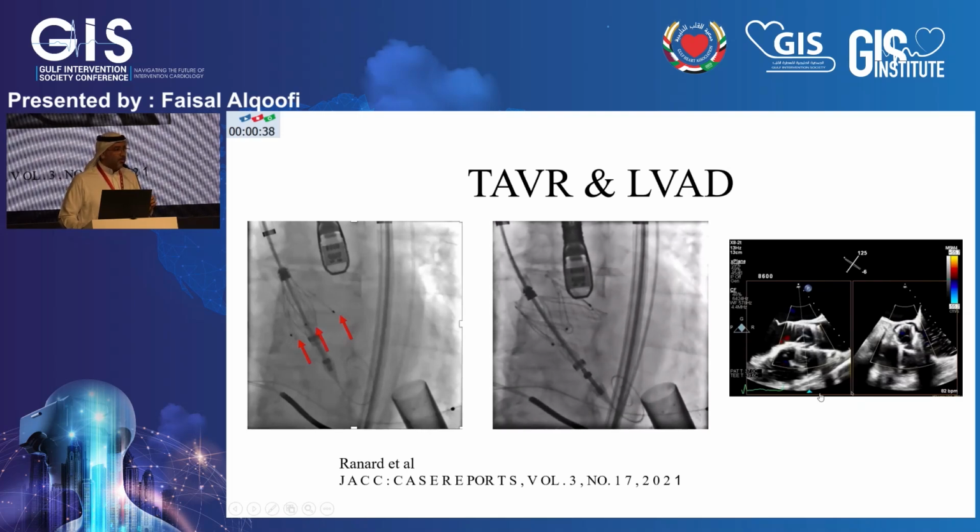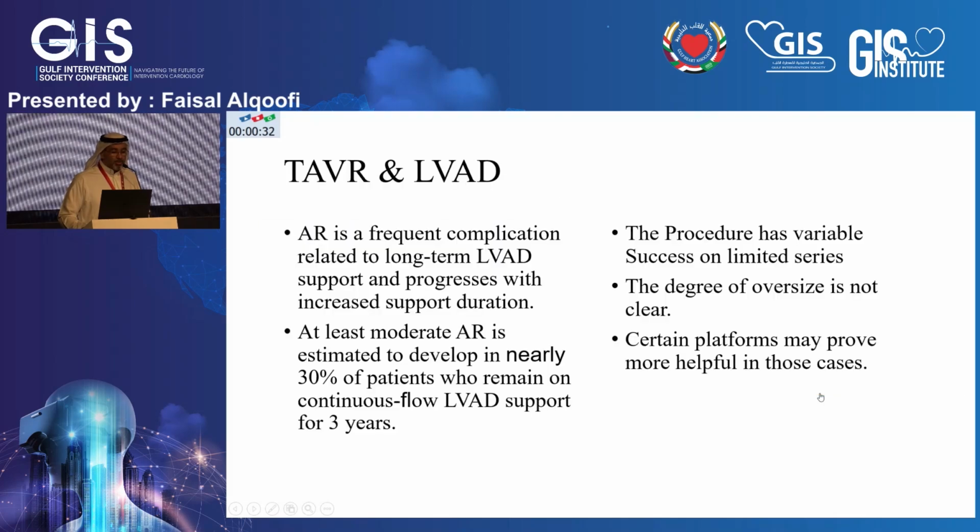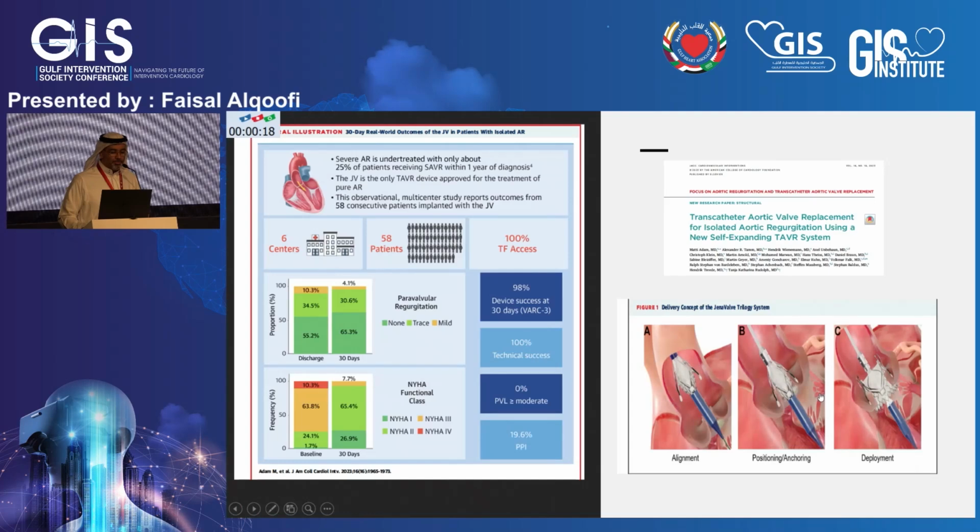And basically they end up with a great result despite the lack of calcium. From this case, I'm just going to talk briefly about TAVR and LVAD. For certain centers, this is going to be reality in the future. Again, frequent complication, more need for a special platform. The JenaValve will be something that we could use in the future.